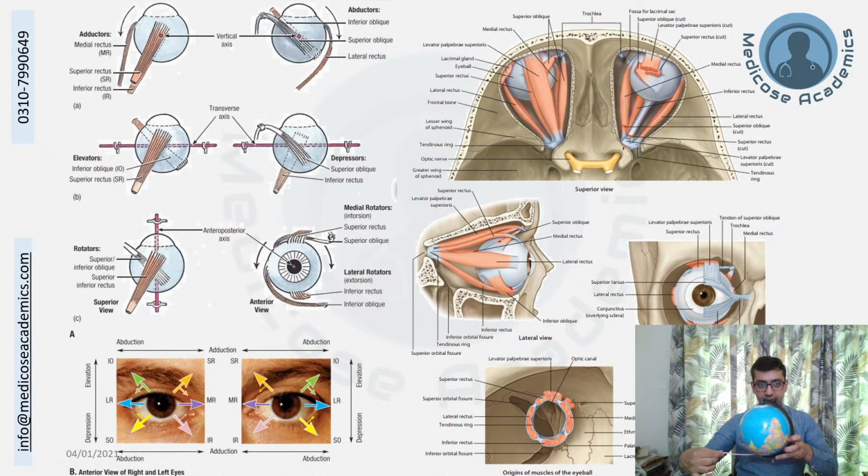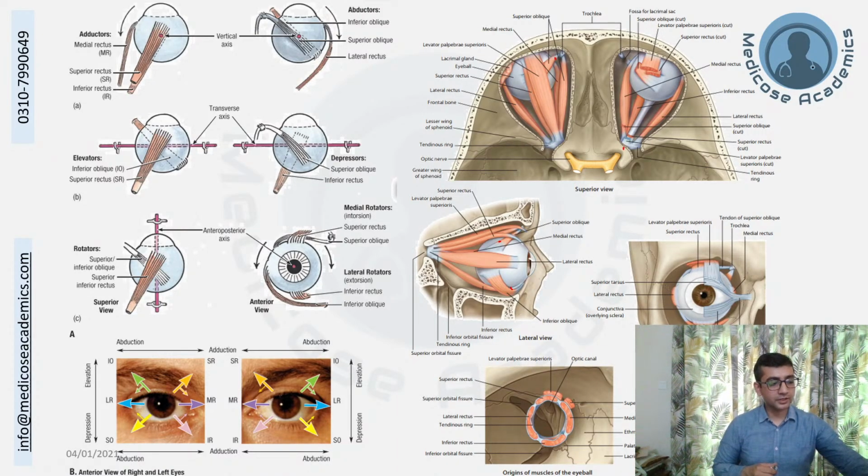If you see like this, it will move the eye laterally, and then we are left with the anteroposterior axis. I will have to do it like this. It is attached to the back, pulling from the anteromedial aspect. When it pulls, it does extorsion. The upper surface is going laterally and the lower surface is going medially.